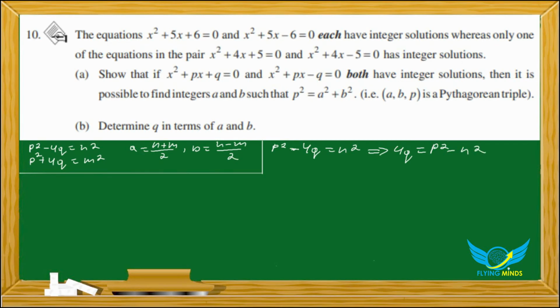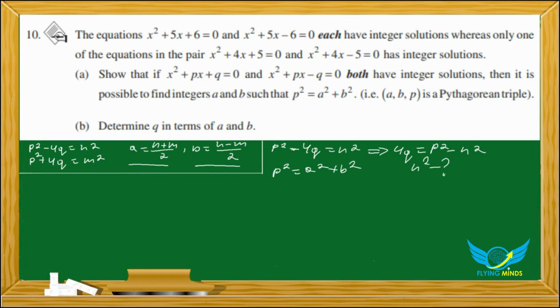Okay, so p squared we know from part A, p squared equals a squared plus b squared. Okay, so what is n squared? How do we find n? We can find n from this part and this part, right? So we can build two linear equations, and by elimination we can find n. Okay, let's try to do it.